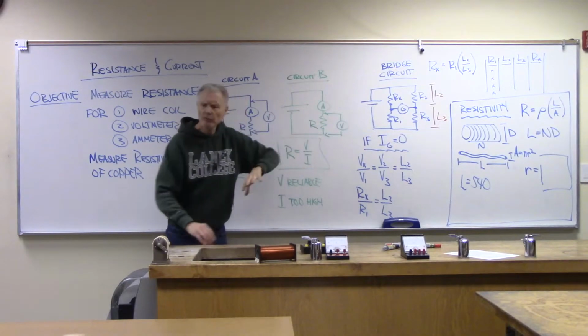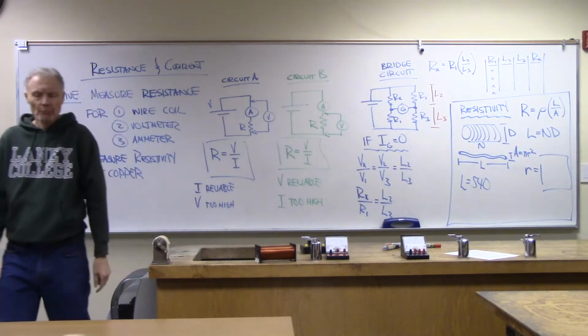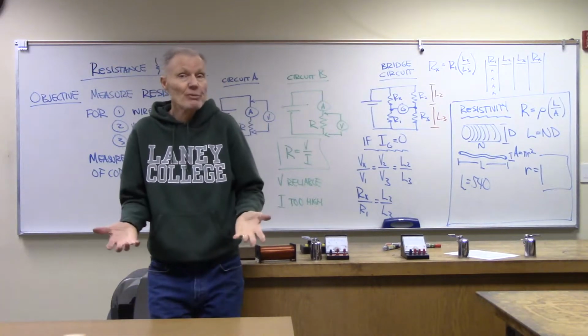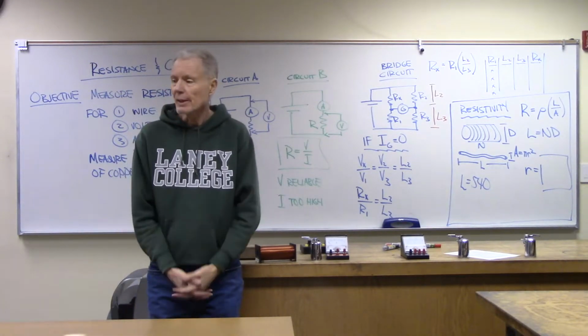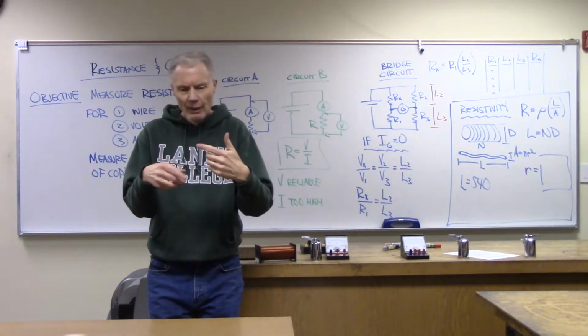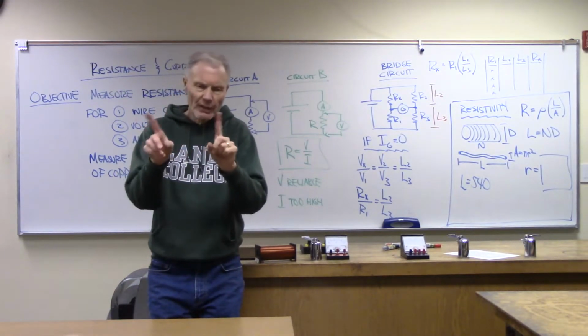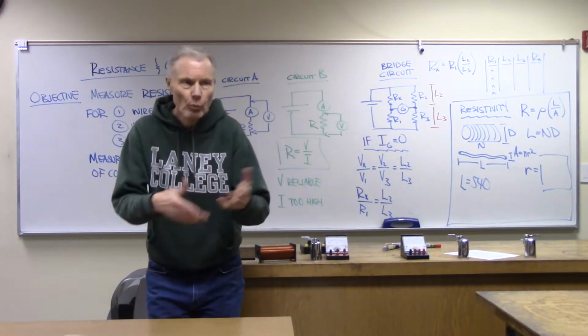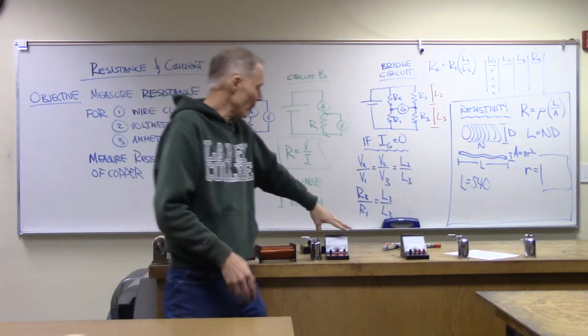So the ammeters and voltmeters themselves have a certain amount of resistance to them, and there's a magnetic effect where they move a needle back and forth. We'll see what our ammeters look like, actually they're right here.